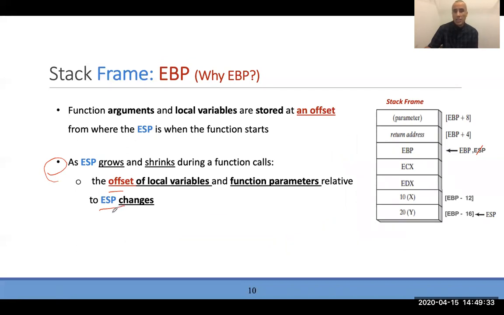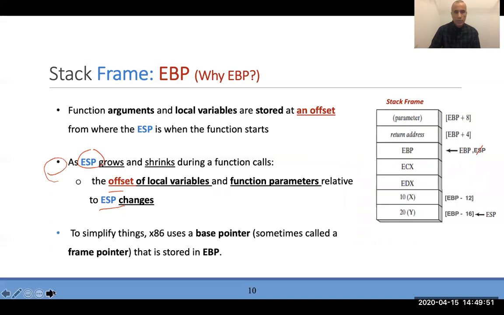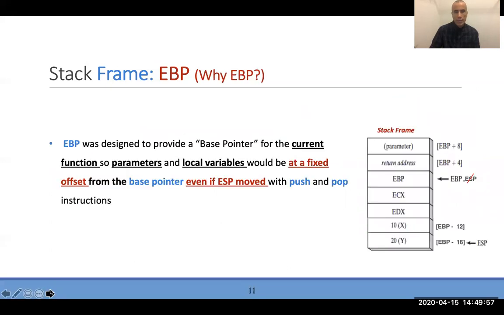So x86 used to function with just the stack pointer, and it was very difficult and inefficient. So several years ago, they started thinking about adding another register, and that's when they came up with the base pointer. That is basically to simplify things. That is what Intel did.